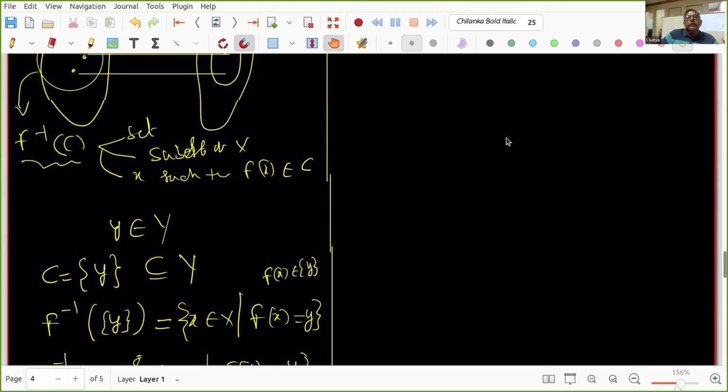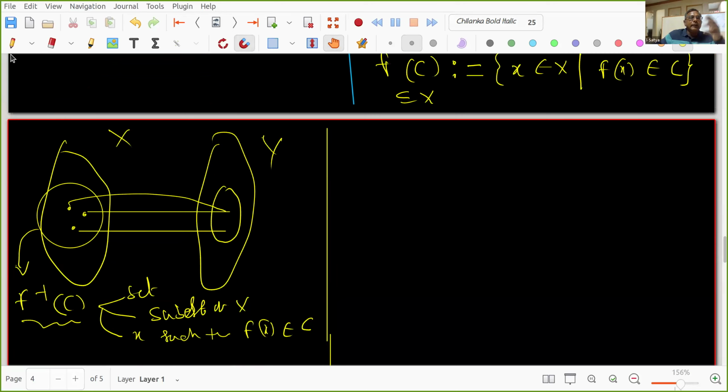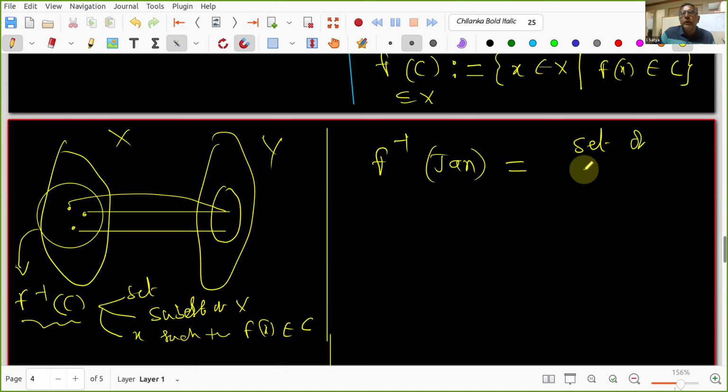For example, to understand that, you can take the earlier example, G3 mapped to the months, January, February. What is the F inverse of January, right? That is the set of students of G3 who were born in the month of January.